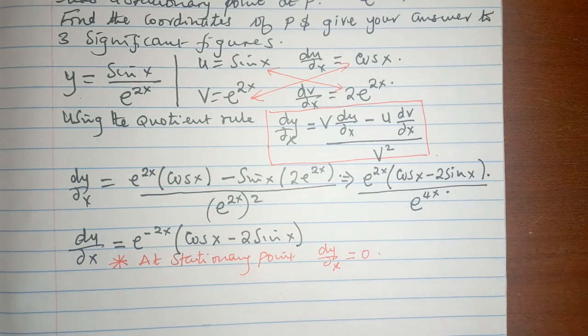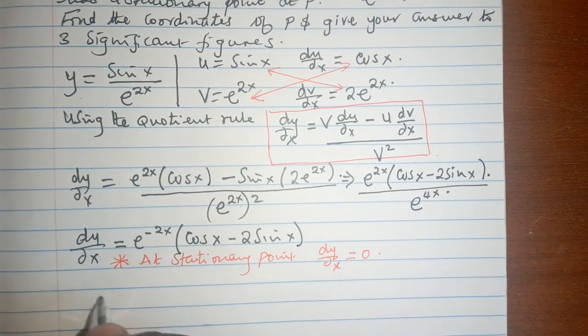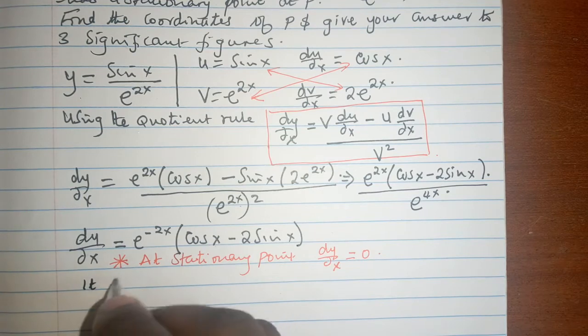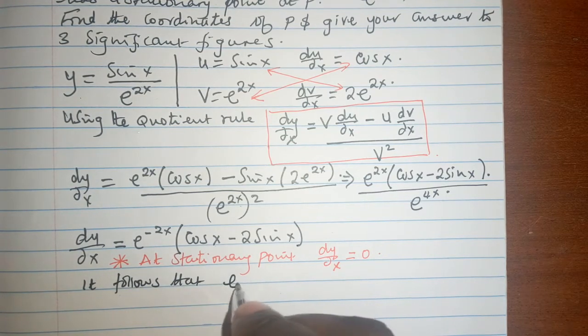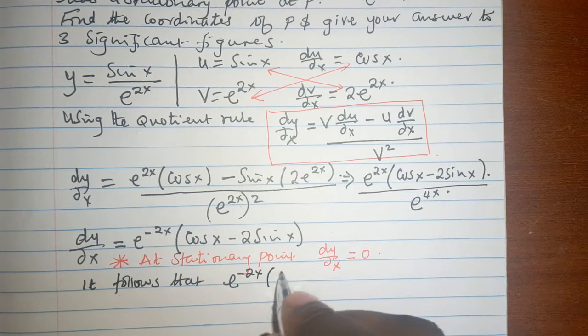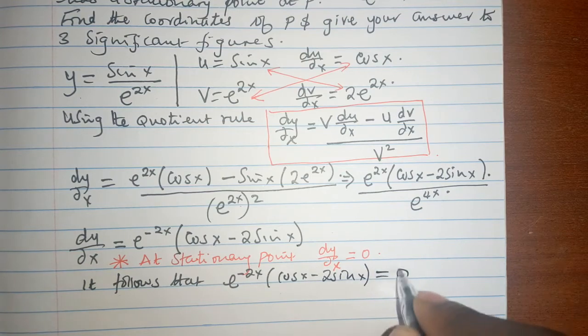If dy dx is just this, then it follows that e raised to power minus 2x multiplied by the cosine of x minus 2 sine of x is equal to 0.